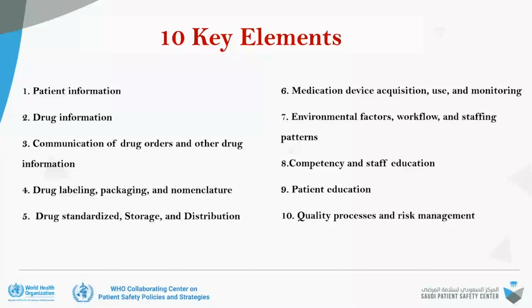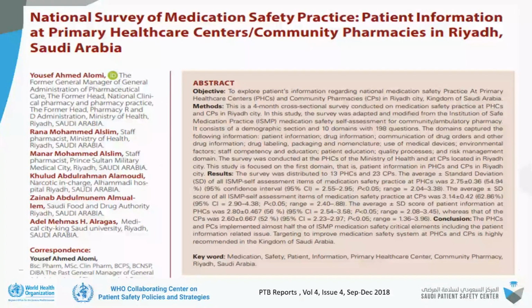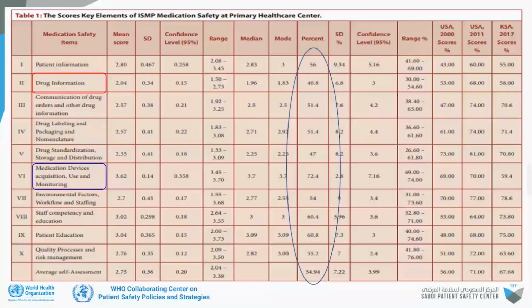We made a survey for community pharmacy. We had, I think, a 4-month pilot study, including almost 13 primary care centers and 23 community pharmacies. And you can see the percentage, the level of the score.